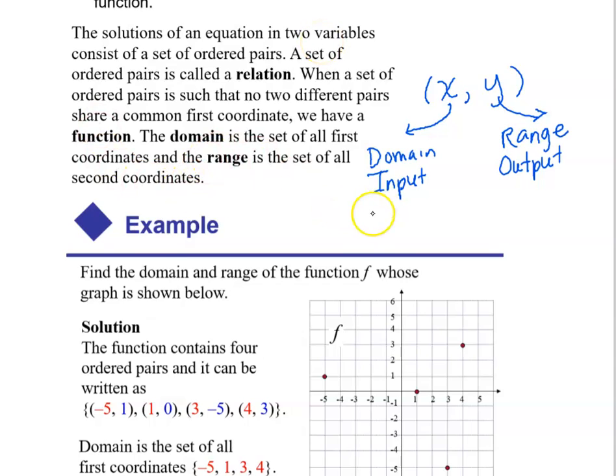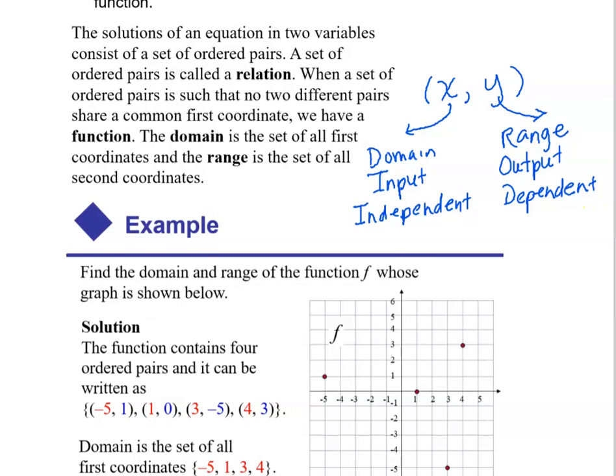We can also say that x is the independent variable and y is the dependent variable. Sorry, misspelled that.